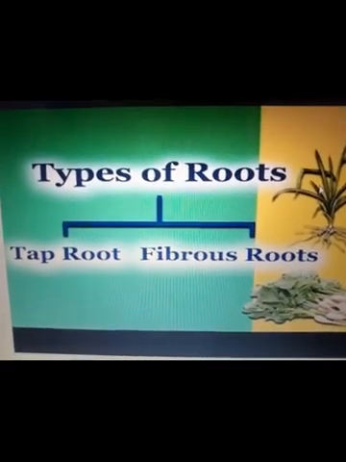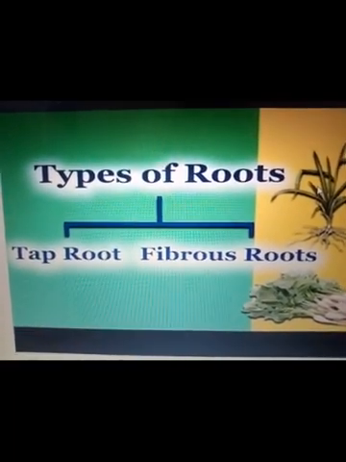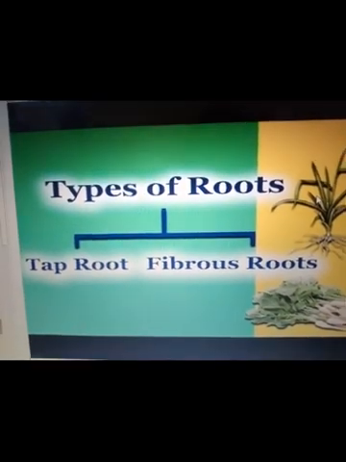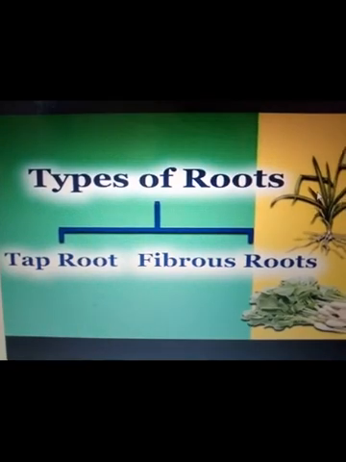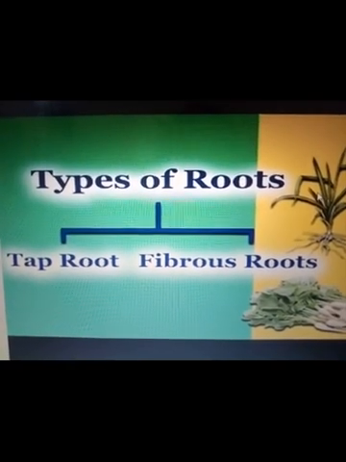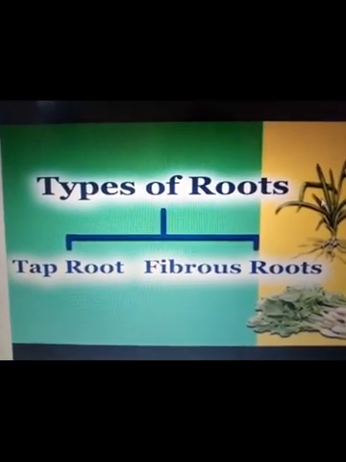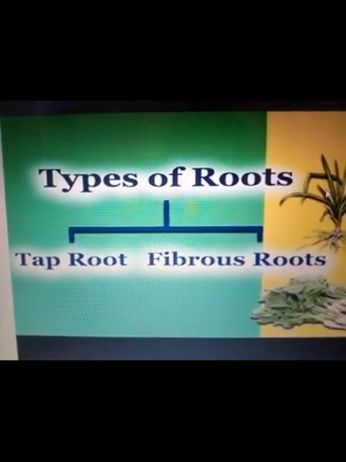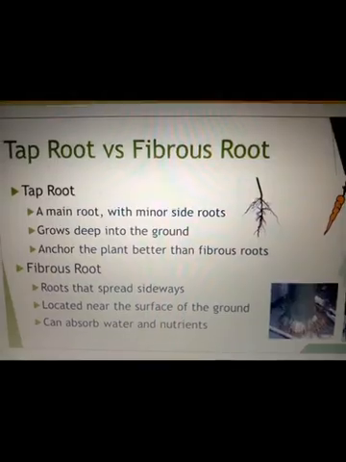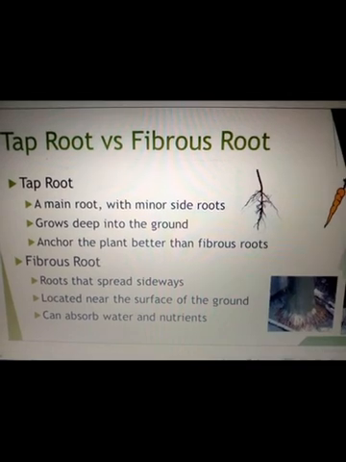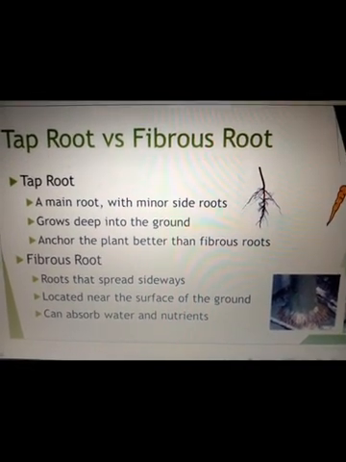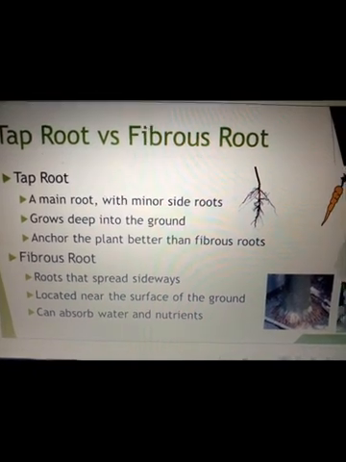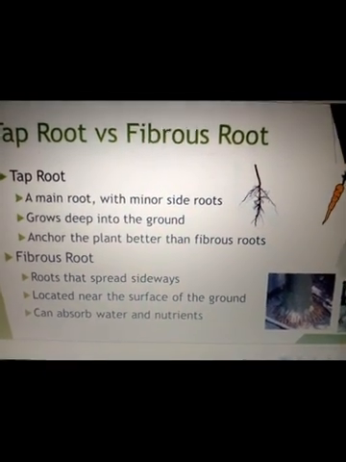Next is types of roots. The roots of a plant are divided into two groups. First is taproot and second is fibrous roots. Now, what are taproots and fibrous roots? First, let's discuss taproots. Taproots have a main root with minor side roots.